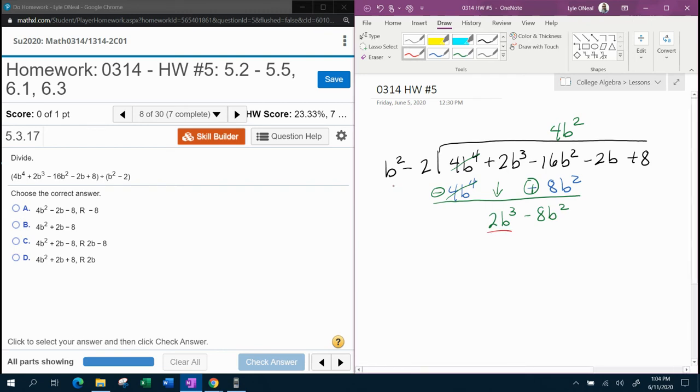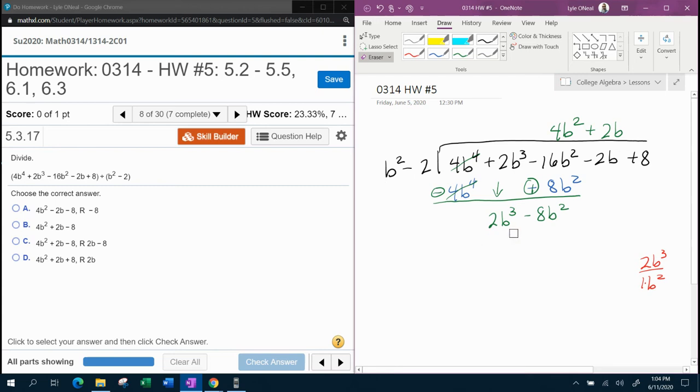Now we're going to rinse and repeat. 2b to the 3rd divided by b squared. And again, that's an understood 1. So 2 divided by 1 is 2. And 3 take away 2 is 1. So the next term of the quotient is going to be positive 2b. Do you see, again, keeping my like terms lined up?